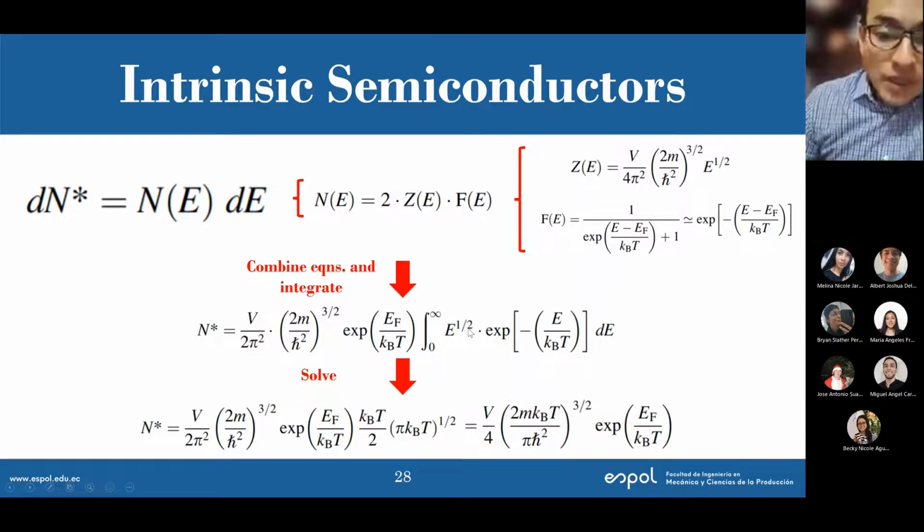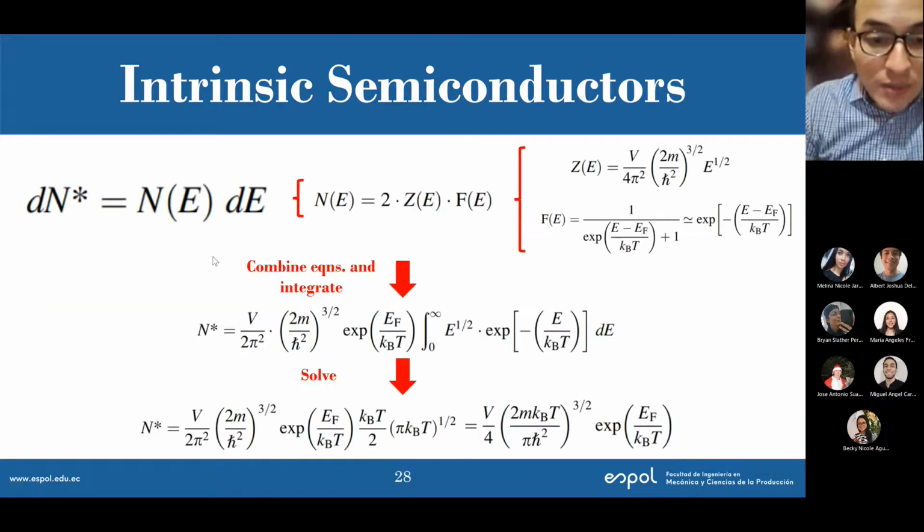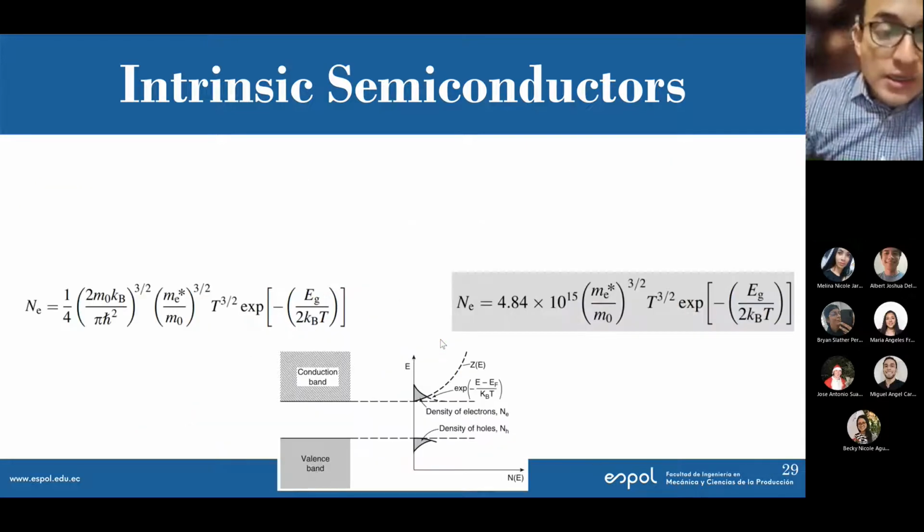But actually, I can use another expression, okay? And I can start introducing this term. If you remember, our Fermi energy, we calculated it in the previous slides, it's basically in the middle of the energy gap, right?